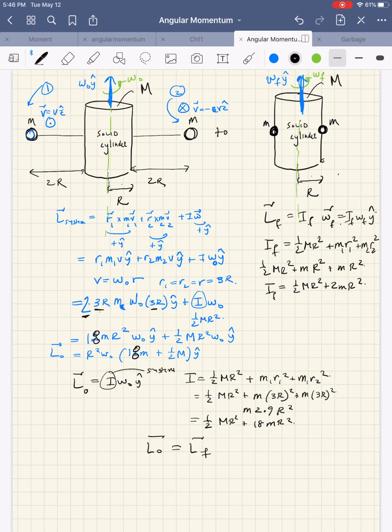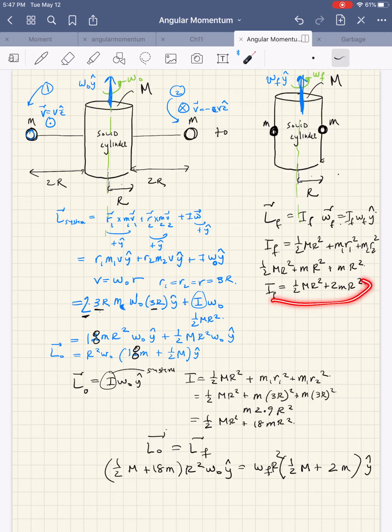Conservation of angular momentum tells me that (1/2 M plus 18 m) r squared omega naught y hat will equal omega final r squared (1/2 M plus 2 m), where I've pulled out the r squared y hat.